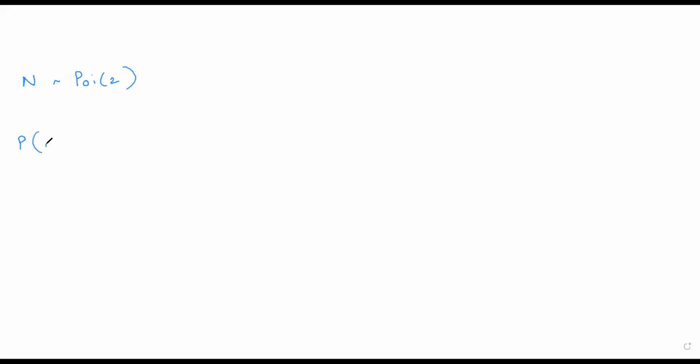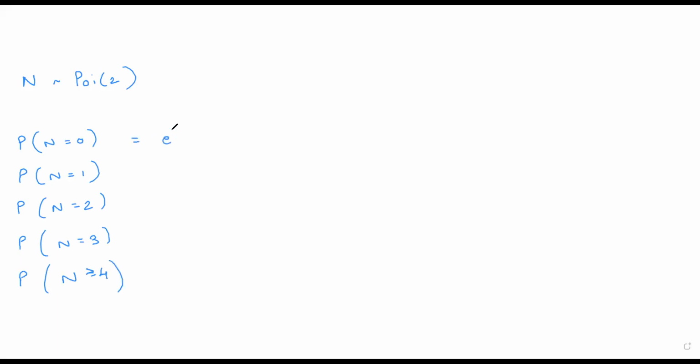So we need to find probability N equal to 0, probability N equal to 1, probability N equal to 2, probability N equal to 3, and probability N equal to, in the question, just let me see whether they're asking 4 or 4 plus. So they're asking 4 or more. So this is basically N greater than or equal to 4.